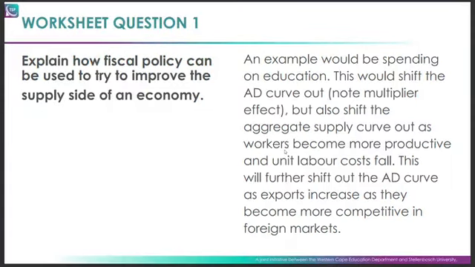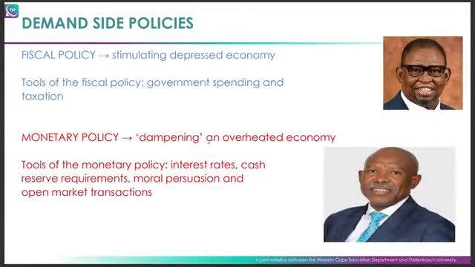Right, we come to the worksheet questions. We come to the first question here. Explain how fiscal policy can be used to try to improve the supply side of an economy, right? Remember, what did we say? Fiscal policy, you just go back quickly. We said fiscal policy is there to stimulate a depressed economy.